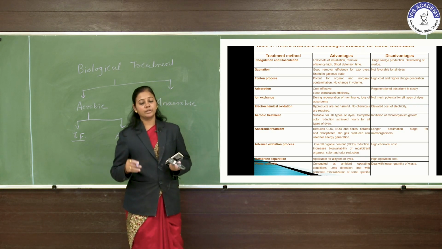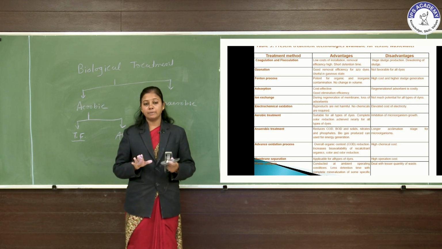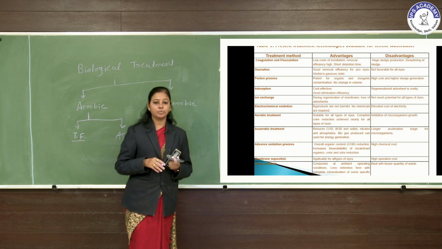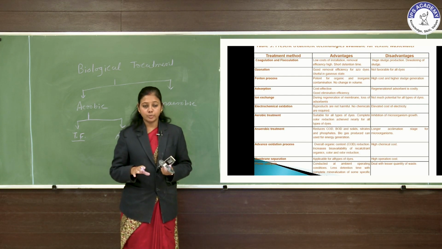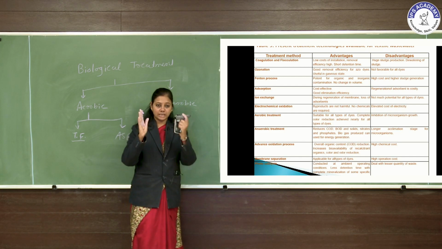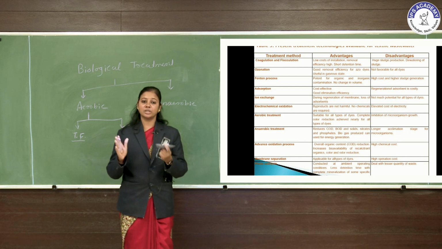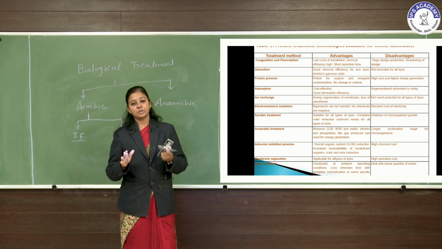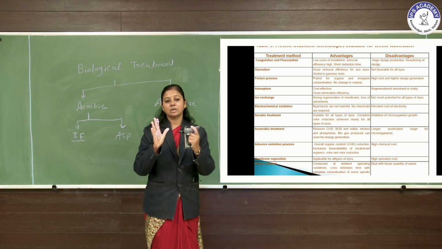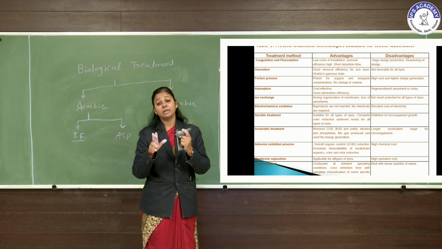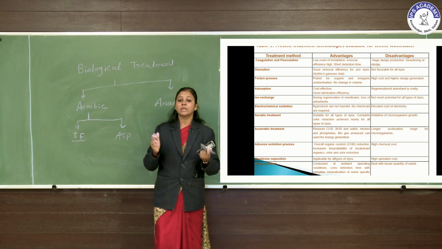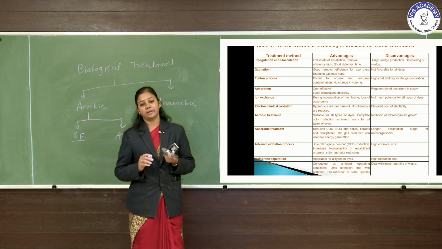Now another popular treatment technology that can be applied for the treatment of textile industrial wastewater is the Fenton process. This Fenton process is again one of the good options which comes into the category of the advanced oxidation process. But this advanced oxidation process is used only when we require a very high degree of purity, because the cost of this treatment is very high.